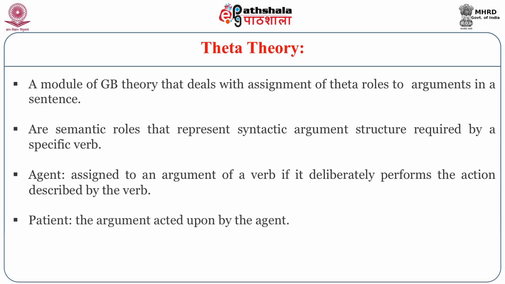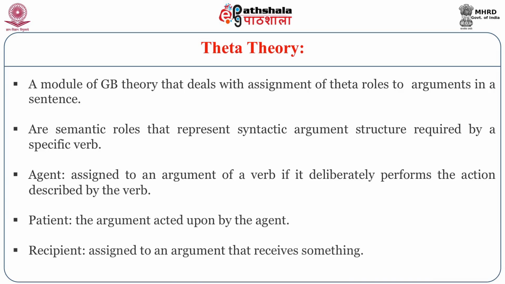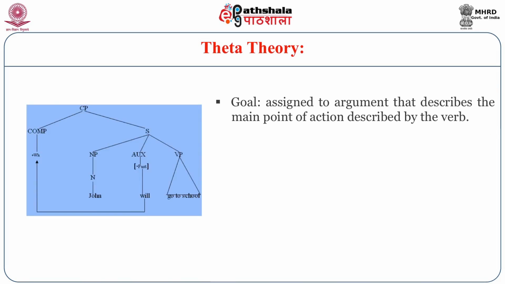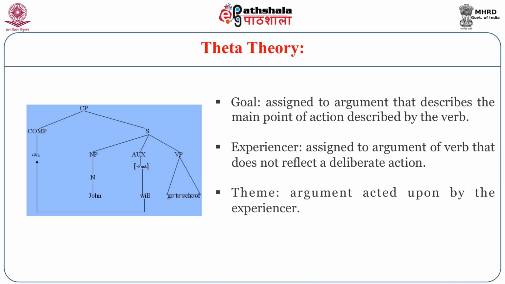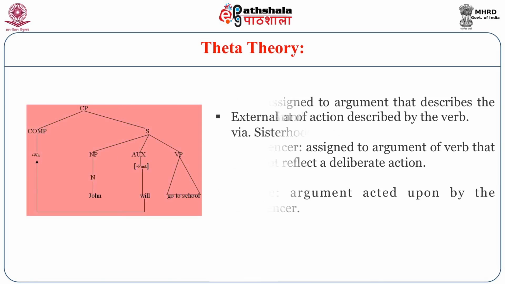Patient is the argument acted upon by the agent, and recipient is assigned to an argument that receives something. Goal is assigned to an argument that describes the main point of action described by the verb. Experiencer is assigned to an argument of a verb that does not reflect a deliberate action. Theme is the argument acted upon by the experiencer.